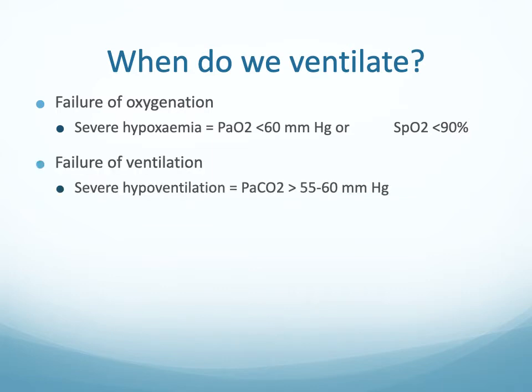The other indication for mechanical ventilation is failure of ventilation. Hypoventilation is defined as having a partial pressure of carbon dioxide greater than 50 millimeters of mercury, and severe hypoventilation is when that partial pressure of carbon dioxide is greater than 55 to 60. Now, who are these patients that have a failure of ventilation?